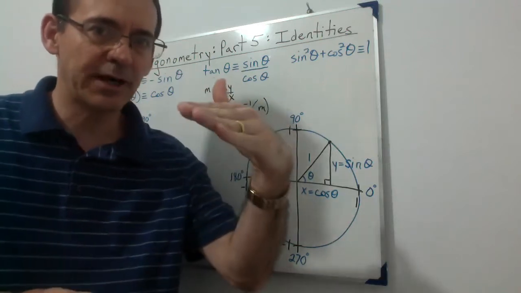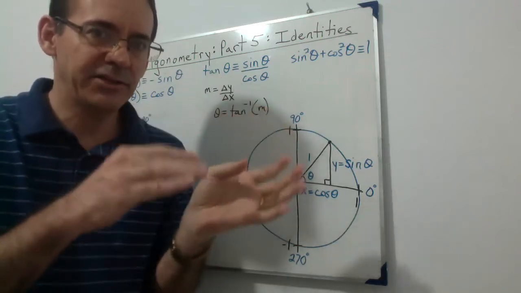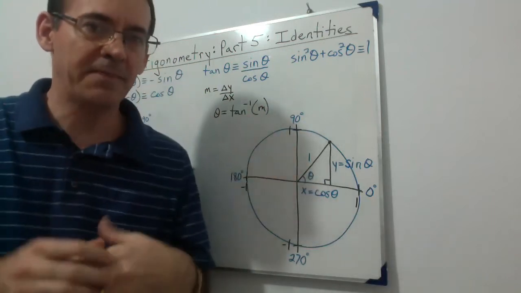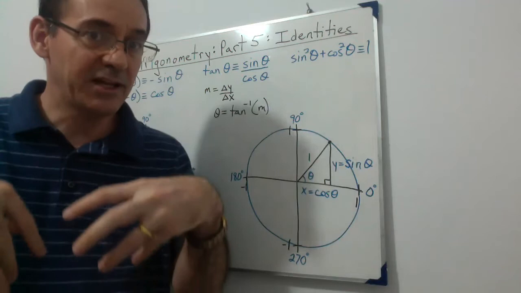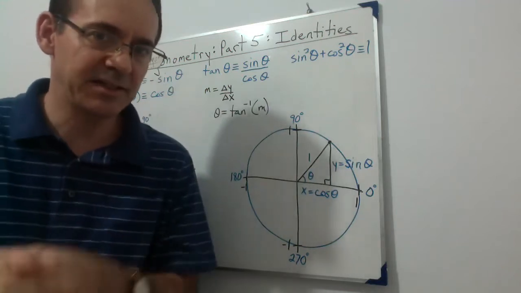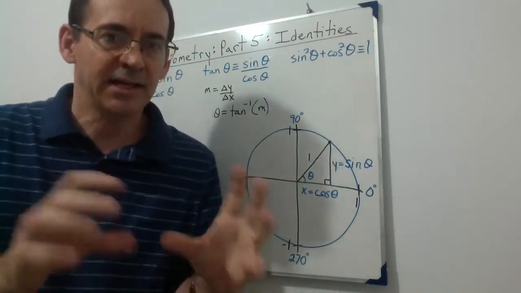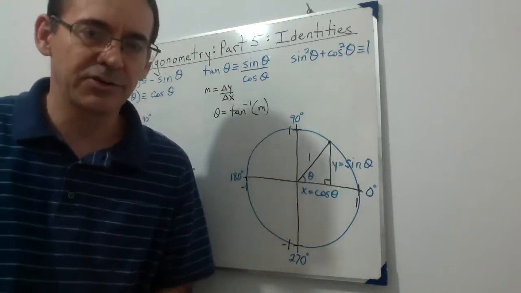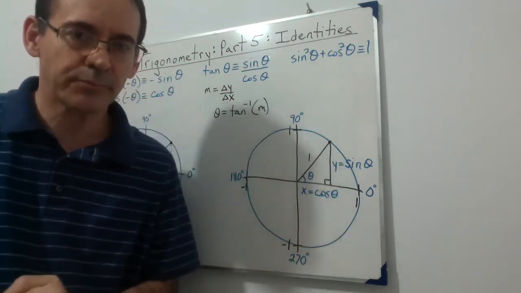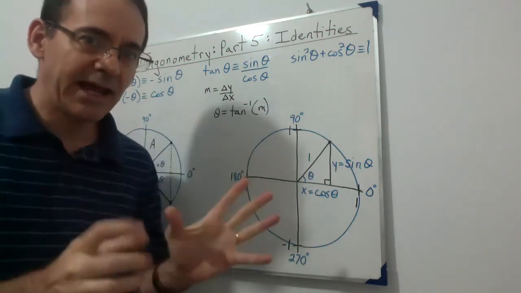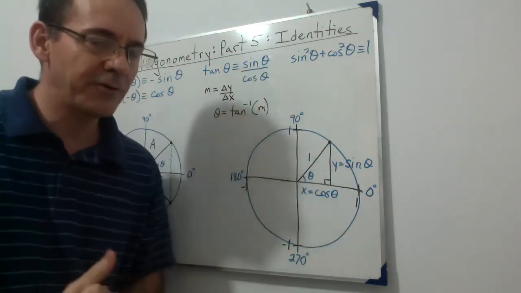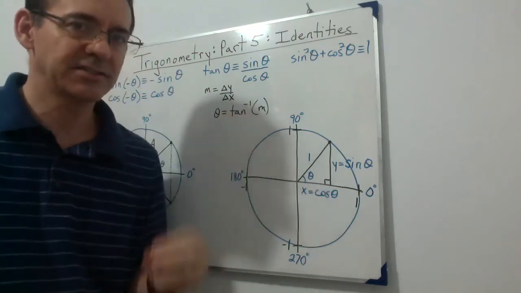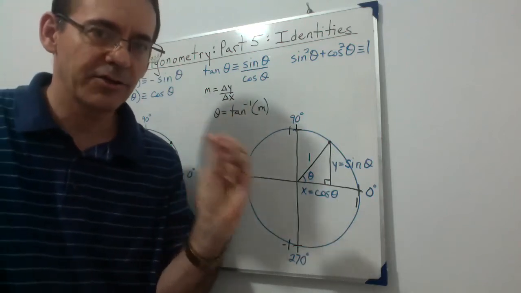So the first part will be an identity that you prove or show to be true, and then that you've established an identity, you're going to use that in the solving process to find the particular values of an equation. So today in part 5, we're only going to focus on the identities. Then the next time in part 6, we will focus on the solving.